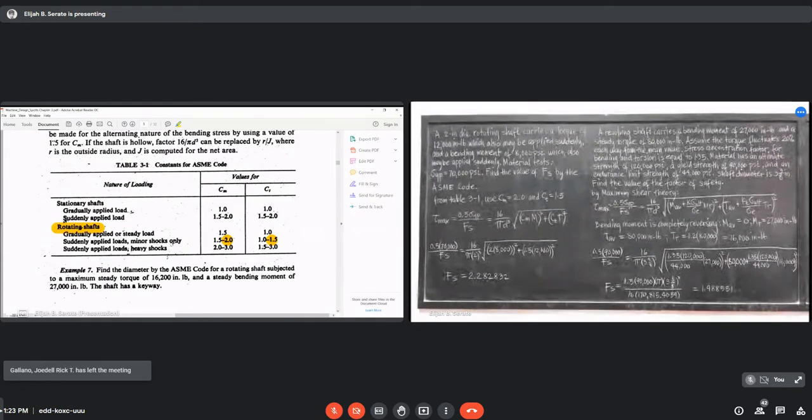So, upper range of 2 for Cm and 1.5 for Ct. Okay, any question, class? This is according to Spotts, no? So it is depending on the designer, whether he is going to use the 1.5 or the one here. Now Spotts chose the 2 and the 1.5.